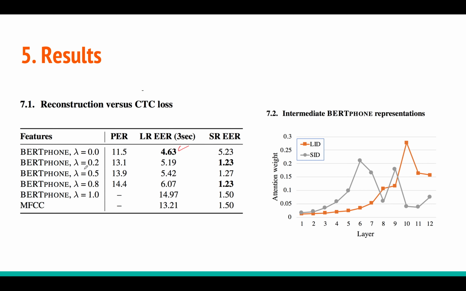But in the case of lambda equal to 0.2, you need to have both. In the case of speaker identification, you need both acoustic representation and phoneme representation. This tells us that for language ID you might not need so much acoustic representation. You need a lot of phonetic representation.